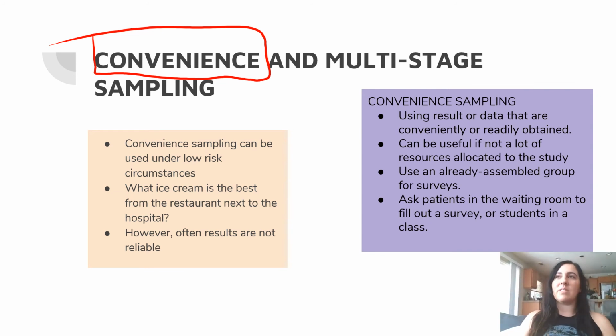If it's supposed to represent what San Bernardino thinks the best ice cream is, and we're only using the sample of people that bought ice cream at that one truck that one day, do you think that's a good representation of the entire population of San Bernardino?